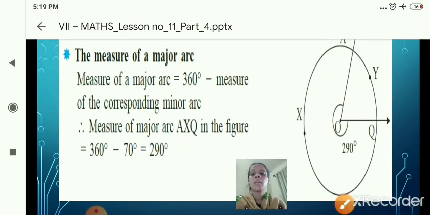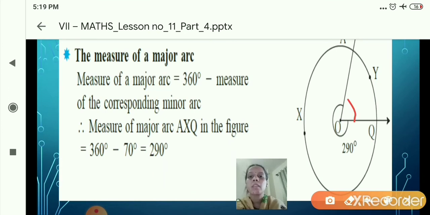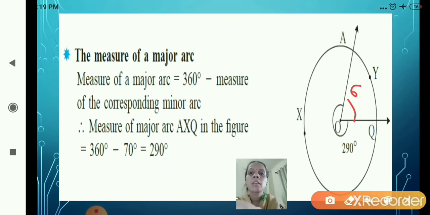We will see one more question. Suppose the measure of the central angle AOQ is given as 60 degree. What is the measure of the minor arc AYQ? This arc AYQ is also 60 degree, because the measure of the central angle is equal to its corresponding arc.